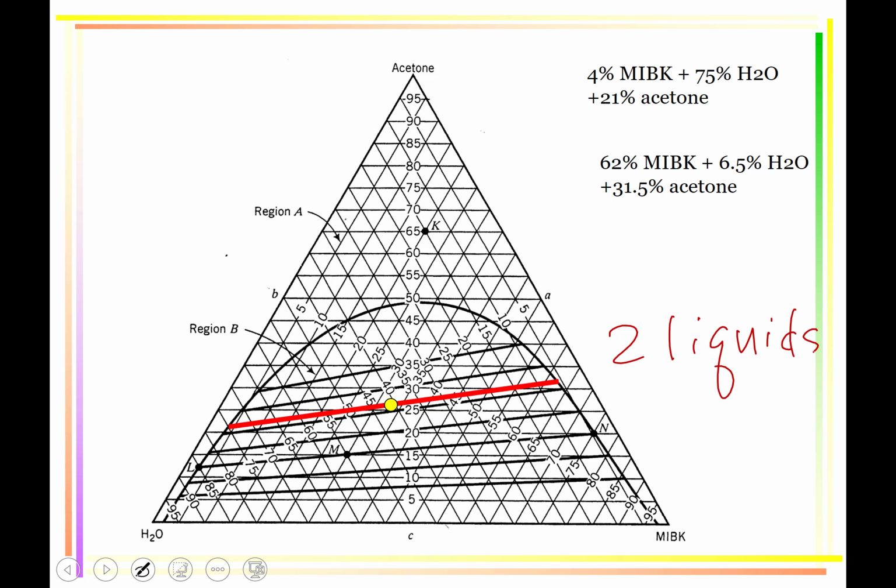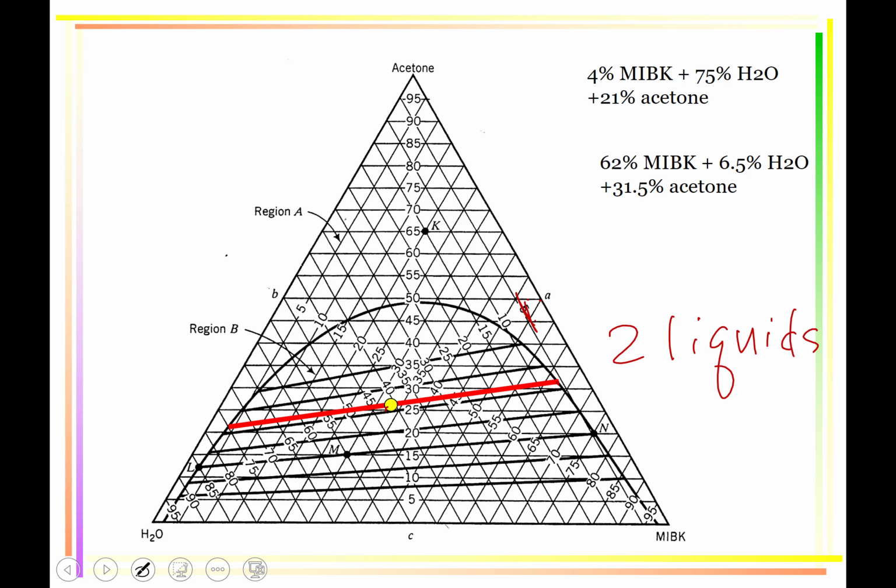We'll use a tie line here. This will be the composition, and this is going to be the MIBK rich phase. And this one here is going to be the water rich phase. So now we have to read those numbers. Here, this is the water.